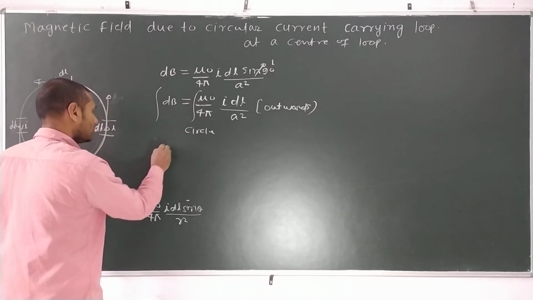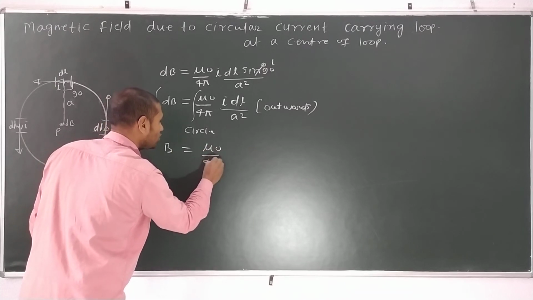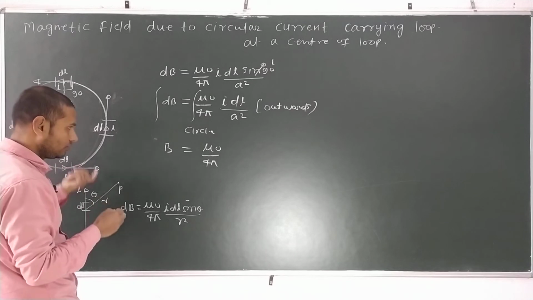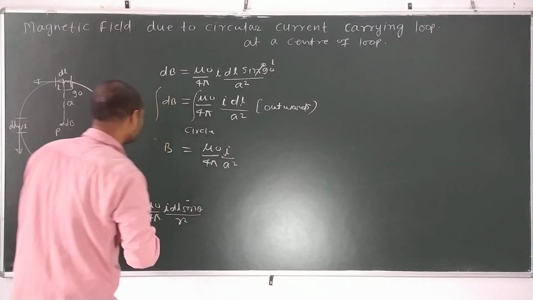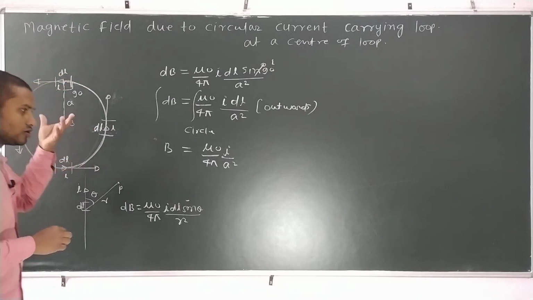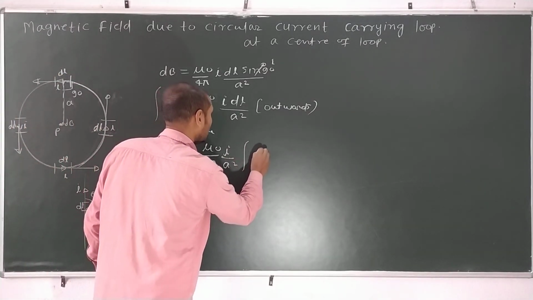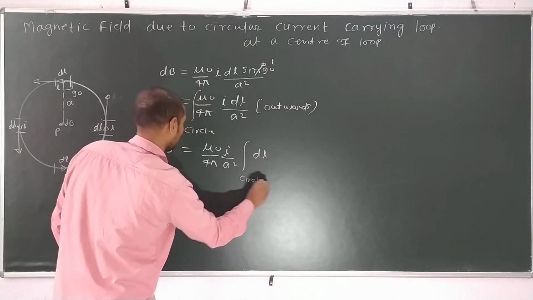This gives B equal to mu naught upon 4 pi. It is constant, so it comes out, and the current I flowing inside the wire is also constant, so it comes out. The a square, the distance between dl and the center, the radius of this circle, is also constant, so it comes out, and dl remains inside the integration for the whole circle.